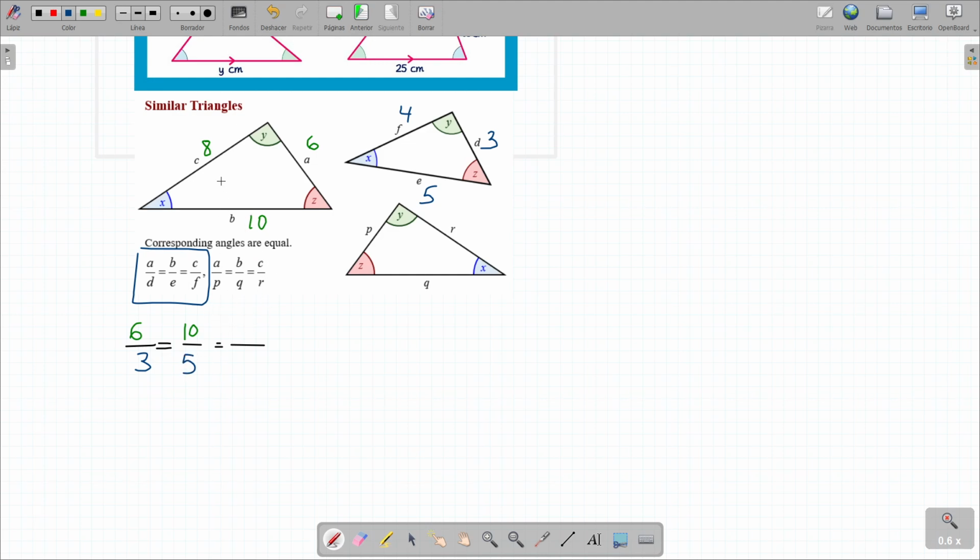And we have the last one, which is C divided by 4, which is F, right?